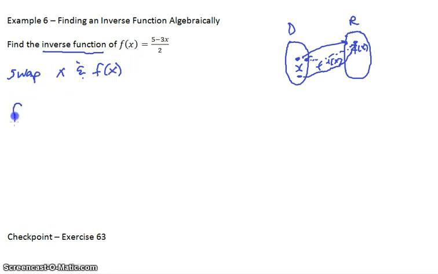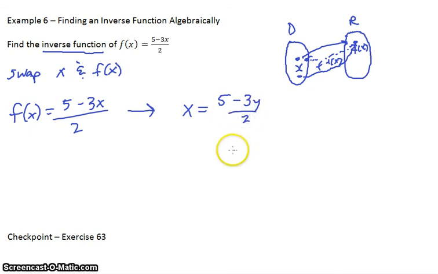So instead of looking like this, it now is replaced by this. X replaces f of x, and then y replaces x. So now we have a new equation that swapped the x and y, just like we're doing when you deal with an inverse function. So now we just have to solve this for y.